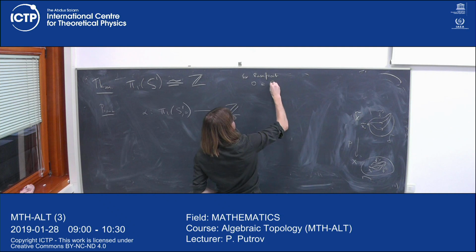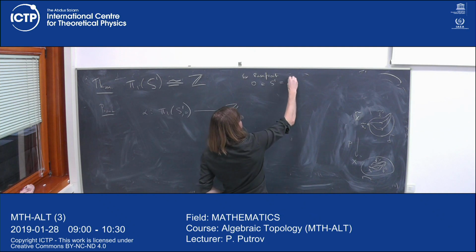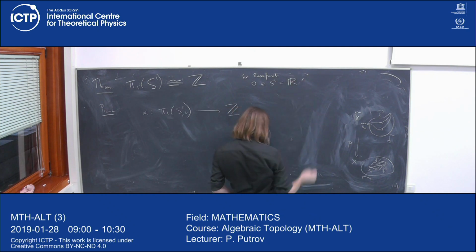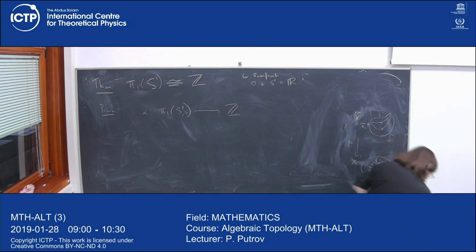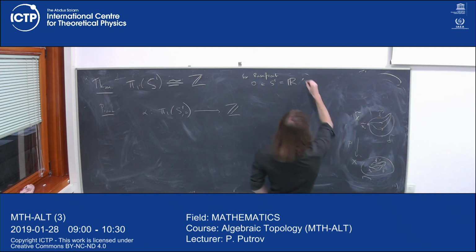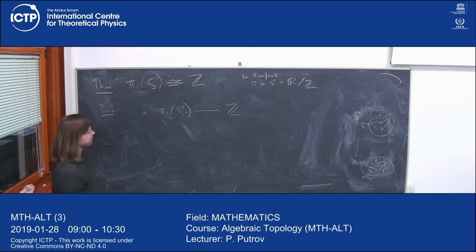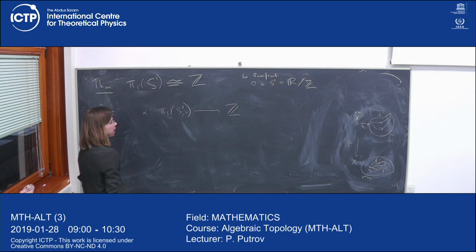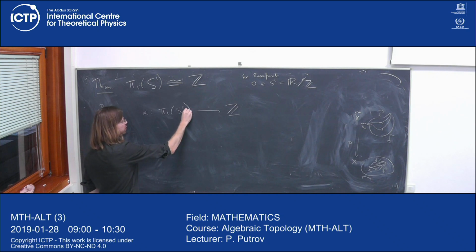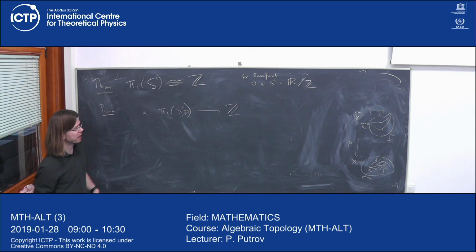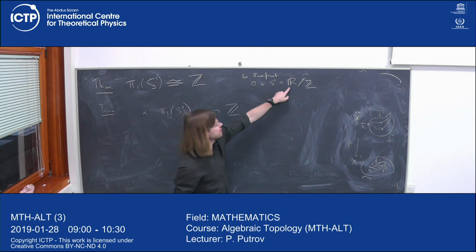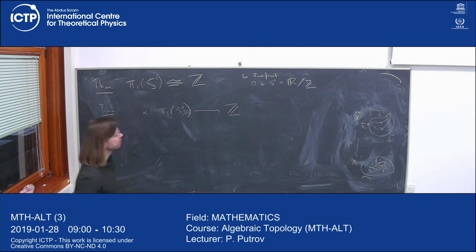Fix the base point 0 in S1. Remember that S1 we represent as the real line R quotient by integer shifts. To be precise, it is the equivalence class of 0 in the real line with respect to this quotient.